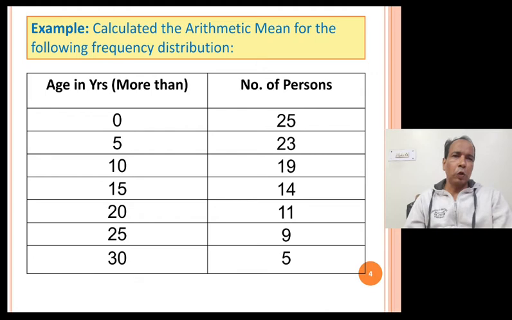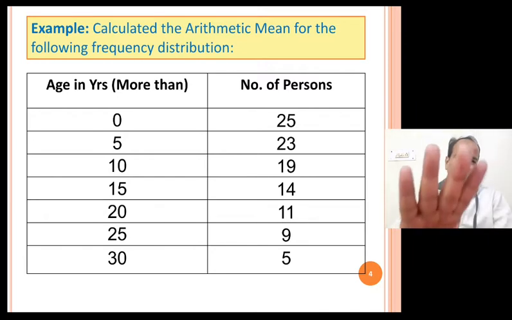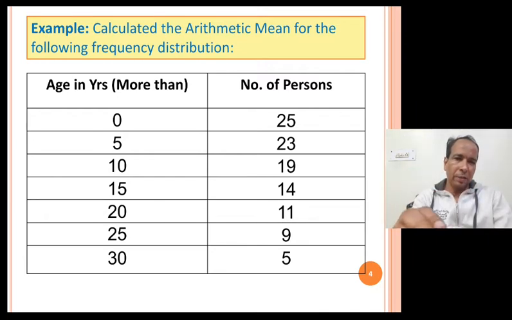This is the example, which asks you to calculate the arithmetic mean for the following frequency distribution. In the first column, age is written, that is more than. I mean, these are not actually the observations. These are the observations written in one arrangement, that is more than frequency distribution.